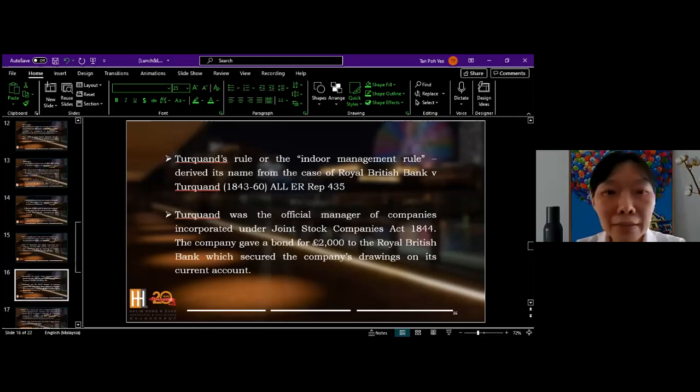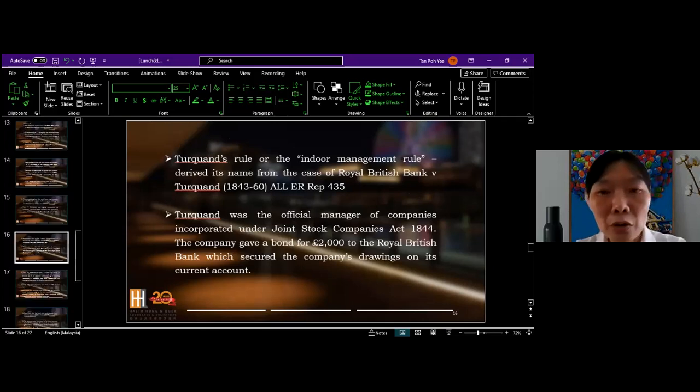This is Turquand's rule, or what we call the indoor management rule. It derived its name from the case of Royal British Bank against Turquand. What is this rule about? What's the story of this case? It was a manager, the official manager of a company incorporated under the Joint Stock Companies Act.